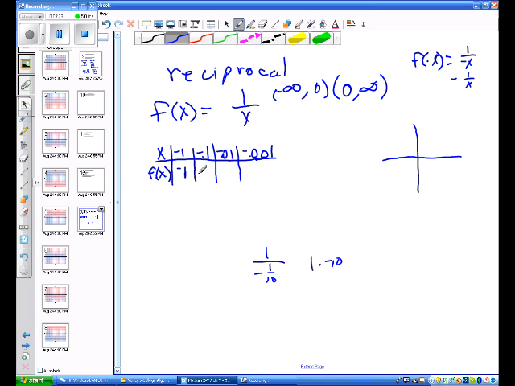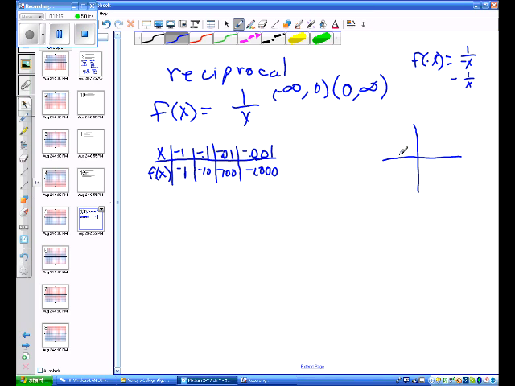So that's going to be negative 10. If we did the same thing and divided by negative 1/100, then that's going to be negative 100, and this one's going to be negative 1,000.